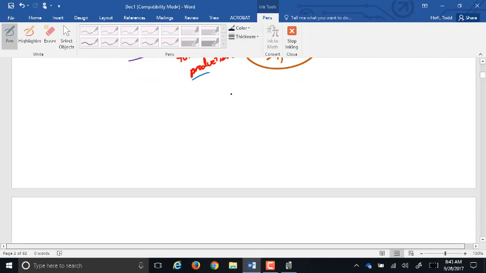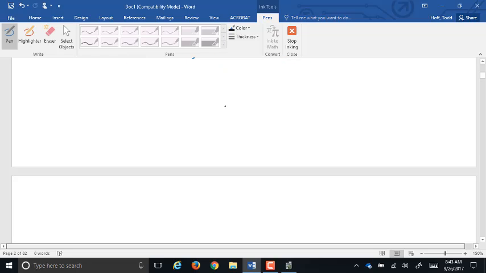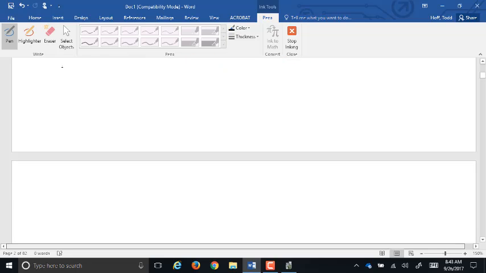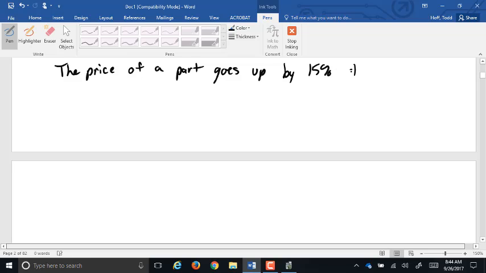Now, we've mentioned a little bit about how you have to be careful that what you're finding is what you're actually looking for. Because we do run into problems like this where, let's say the price of a part goes up by 15% to $230.